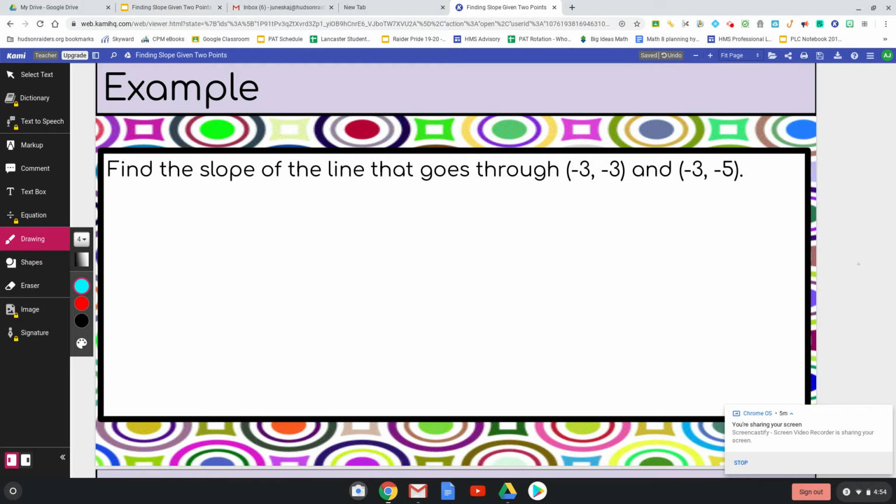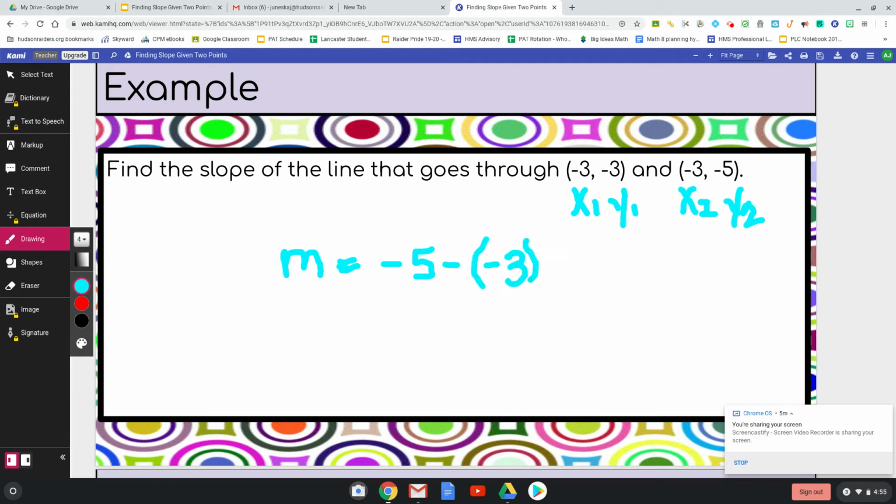The next question says find the slope of the line that goes through the points -3, -3, and -3, 5. So let's go ahead and label our coordinates. We have x1, y1, x2, and y2. So m equals 5 minus -3 all over -3 minus -3.